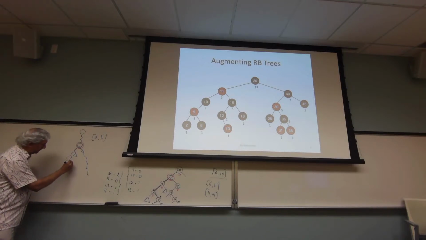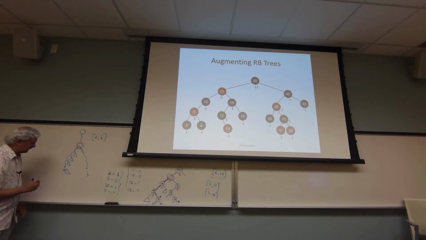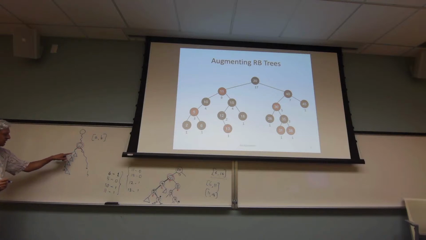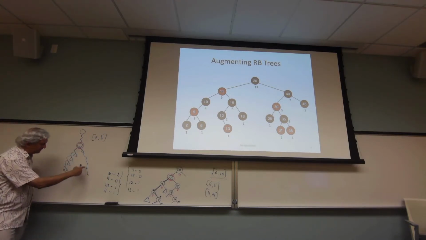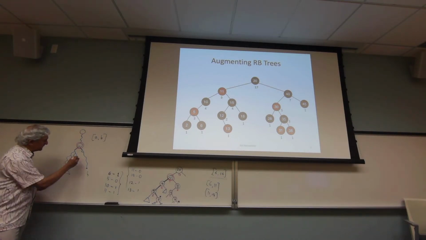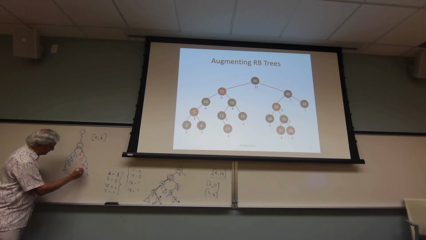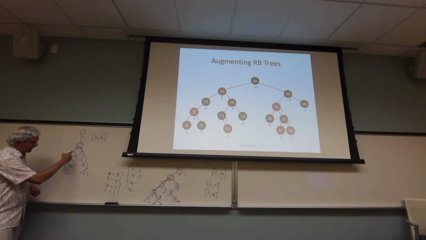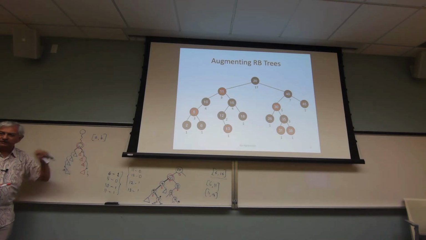For any node for which there is a right subtree, we add the sizes of all these subtrees, because these are all values that are between A and B. And on the second path, let's make this the red path, we want to look at left subtrees, and we take the sums of the sizes of these left subtrees and add them up, and that's how we get the number of values between A and B.